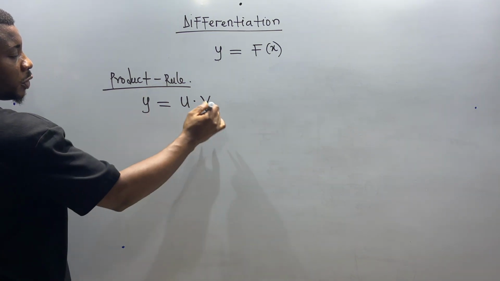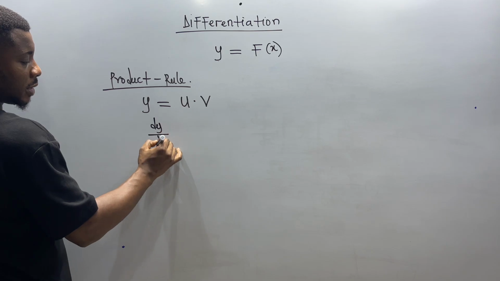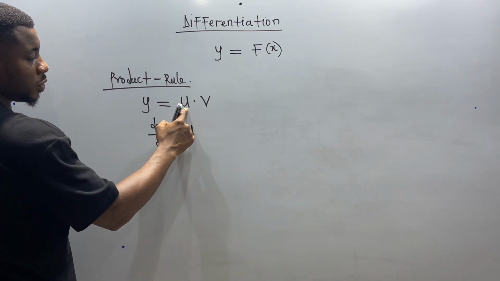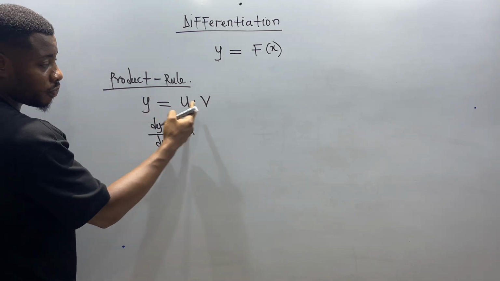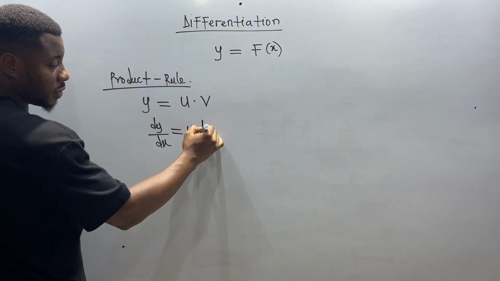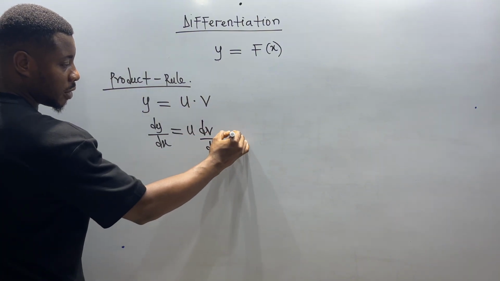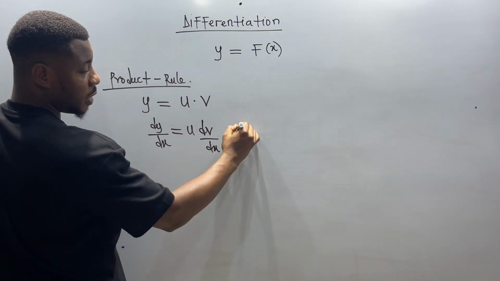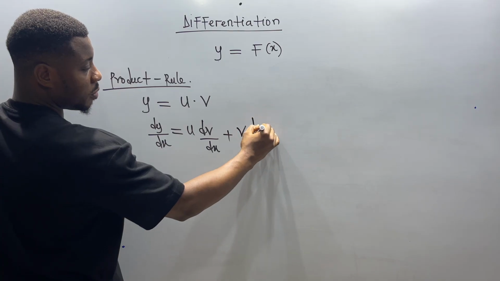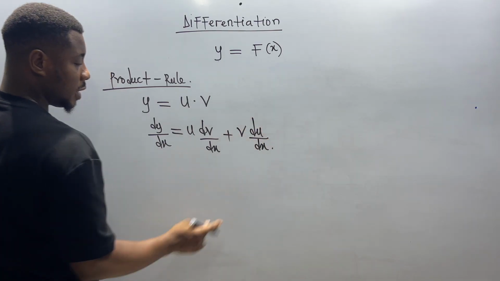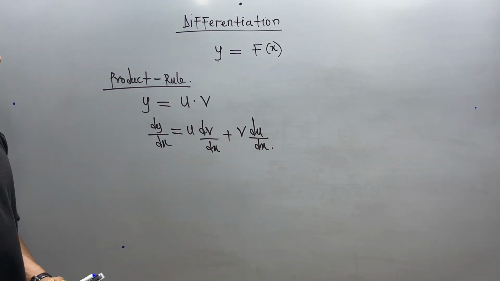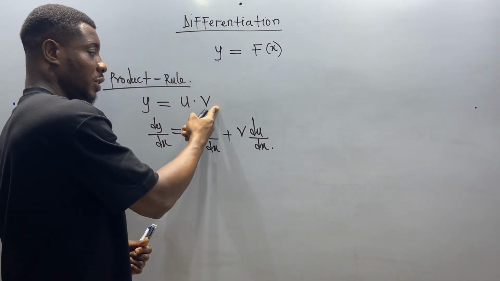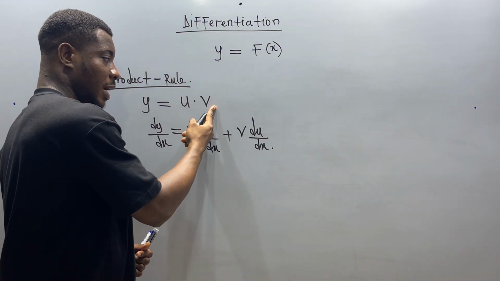The rule is, for product rule, dy over dx is equal to u, keep u, differentiate v, that will give us dv over dx, plus keep v, differentiate u, that will be du over dx. This is product rule. We keep this guy, we differentiate this guy, plus we keep this guy, we differentiate this guy.